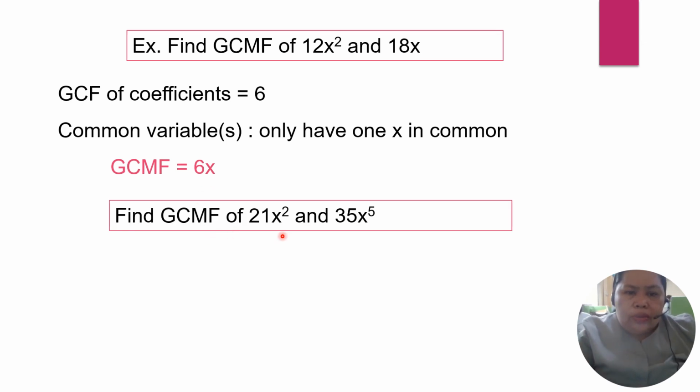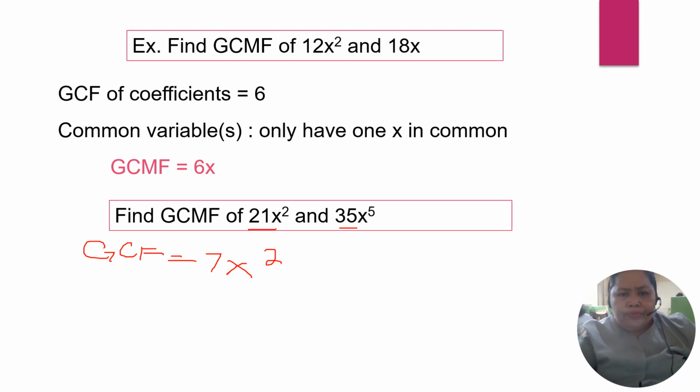Okay, find the GCMF of 21x squared and 35x to the fifth. Let's try this one. For 21 and 35, their GCF is 7. For the variables, the common is x squared. So 21x squared is 7 times 3x squared, and 35x to the fifth is 7 times 5x cubed.